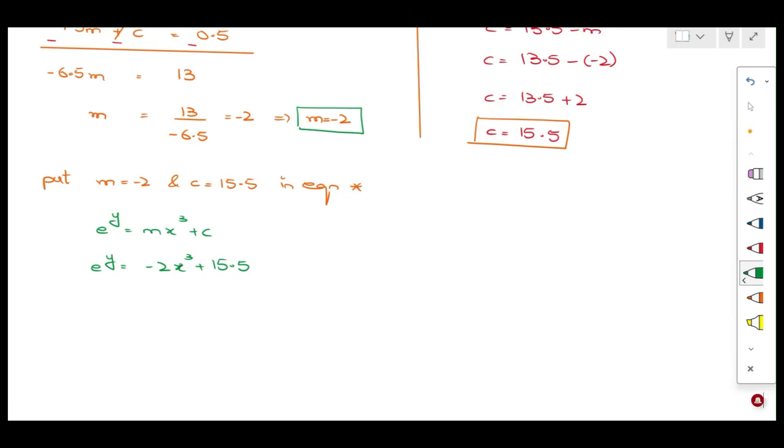Now we can easily solve y in terms of x. Okay, so how can we do this? y in terms of x. So basically, we have to take the natural log on both sides, right? So natural log of e to the power y equals natural log of minus 2x cubed plus 15.5.